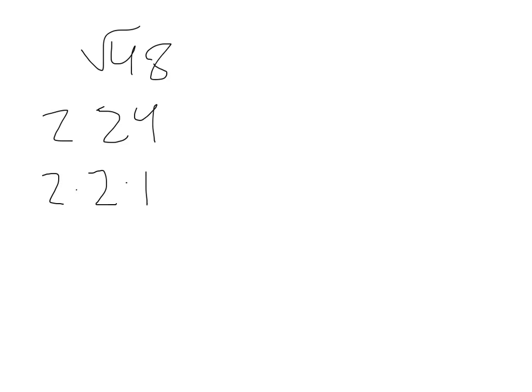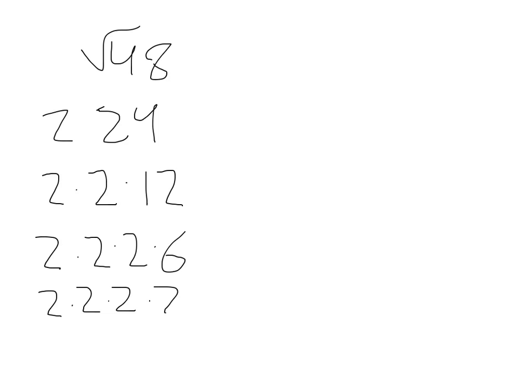Let's start out with 48. You have your square root of 48, which goes down to 2 times 24, which is 2 times 2 times 12, which is 2 times 2 times 2 times 6, which is 2 times 2 times 2 times 2 times 3.